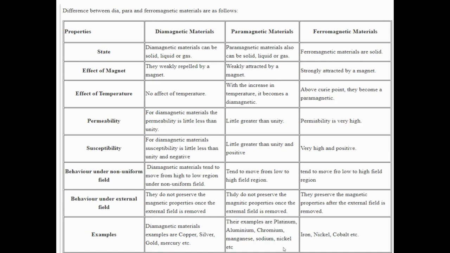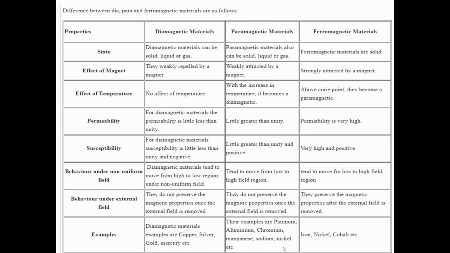Behavior in a non-uniform field: diamagnetic materials tend to move from high to low field region, while paramagnetic materials tend to move from low to high, and the ferromagnetic materials tend to move from low to high field region. This is for a non-uniform field.